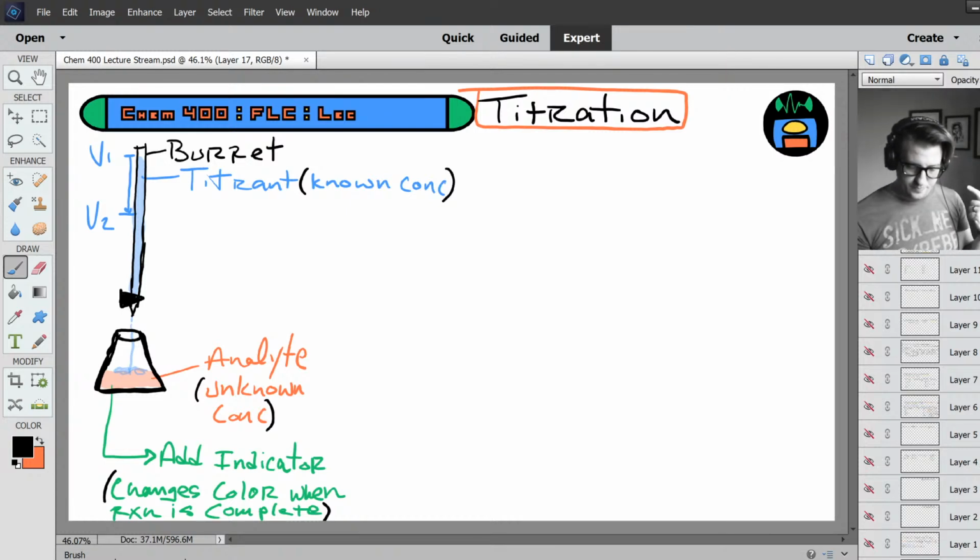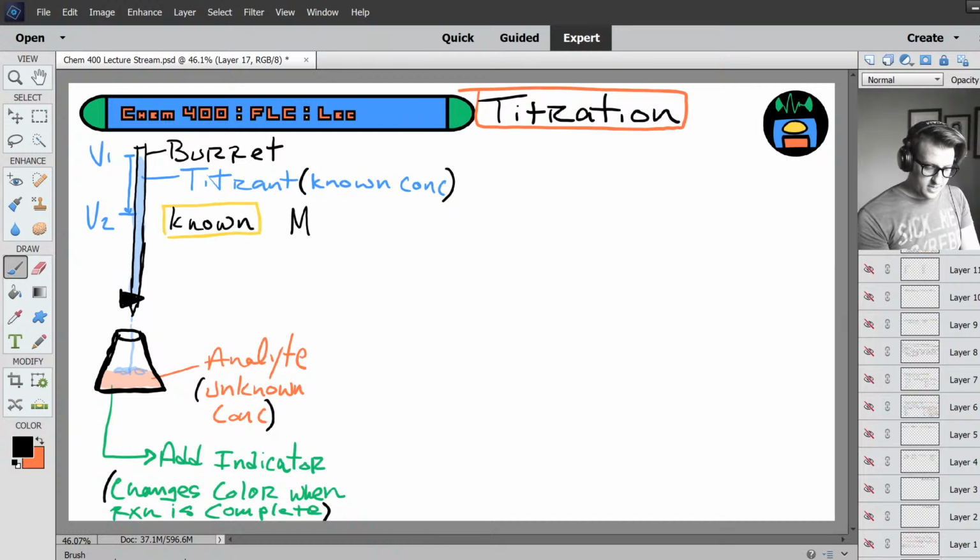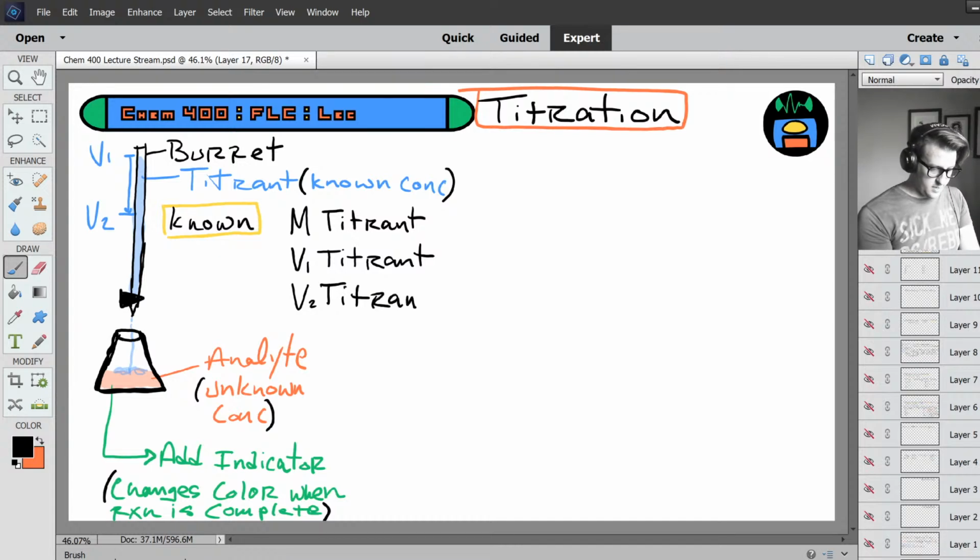And what's recorded, so here are your known quantities when the experiment is over. You will know your molarity of titrant, you will know your volume 1 and volume 2 of titrant, all right?